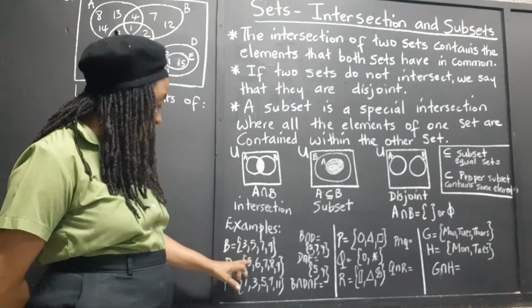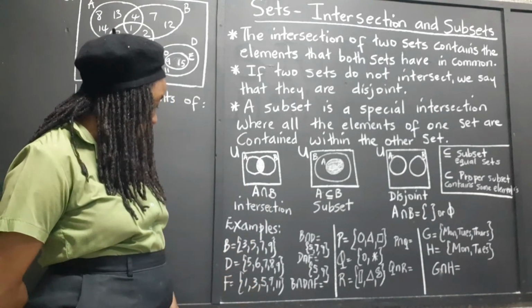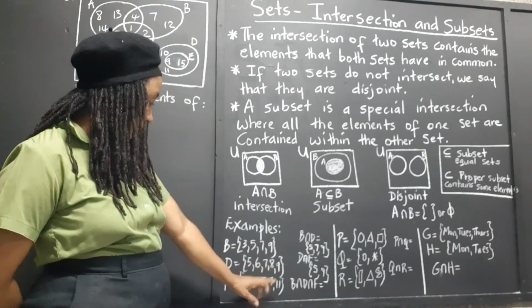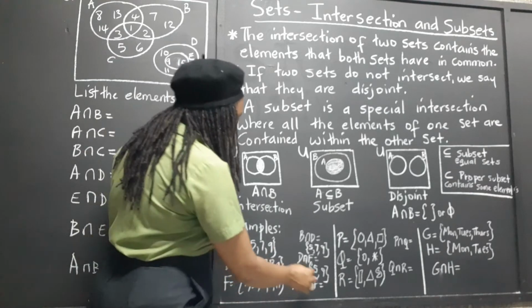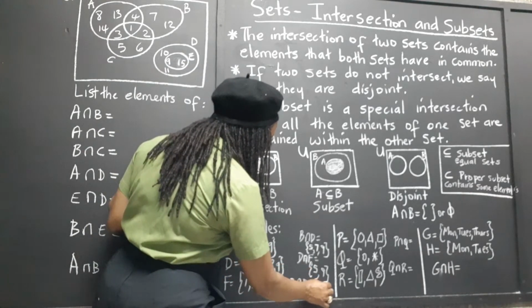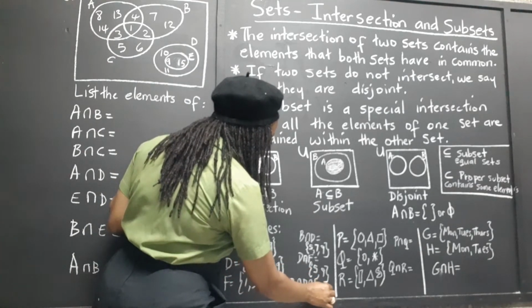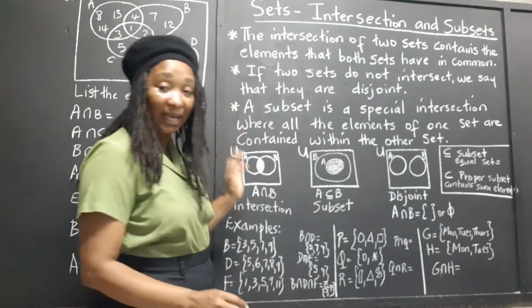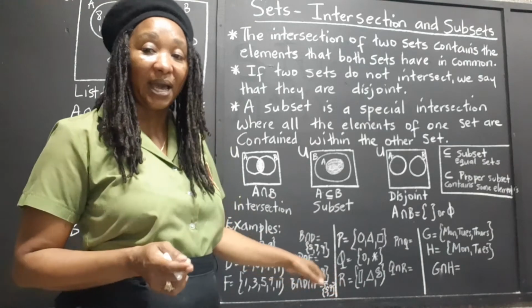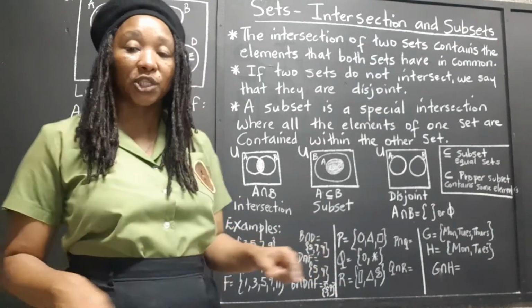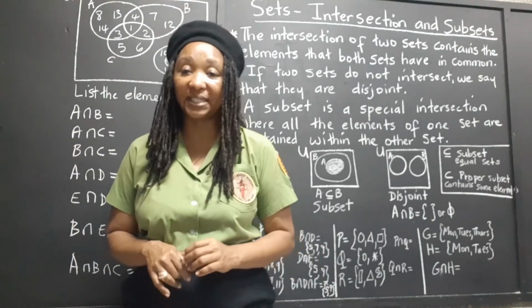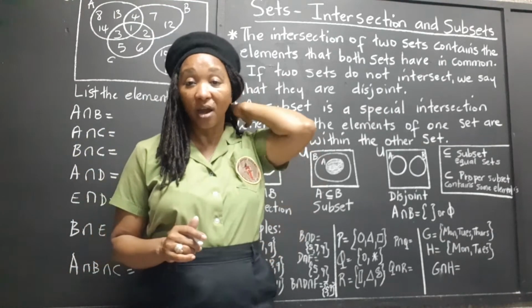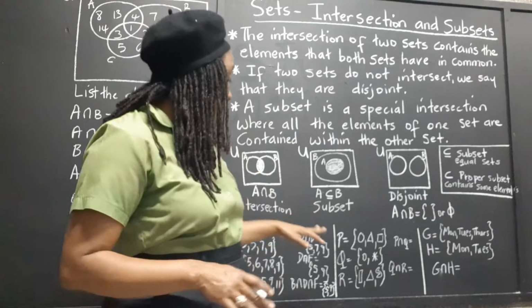The 5 is common to all 3, and the 9 is common to all 3. So the intersection of all 3 of those sets would be 5 and 9, and we put them in curly brackets, separated by commas. So when we're listing the elements of sets, we use the curly brackets and we separate them with commas.